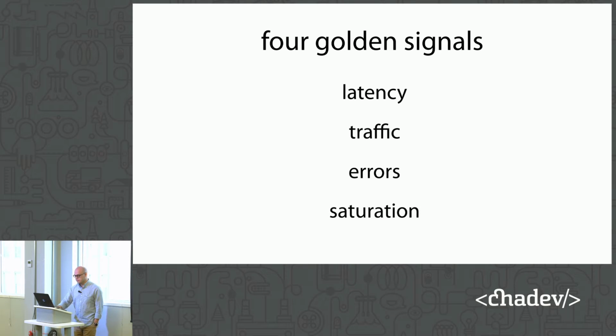If you're monitoring these four things, you're covering most of your bases. These are not the only four things to watch, obviously, but they cover most of the failure cases and will actually tell you when things are going wrong, or hopefully starting to go wrong before they really go wrong.